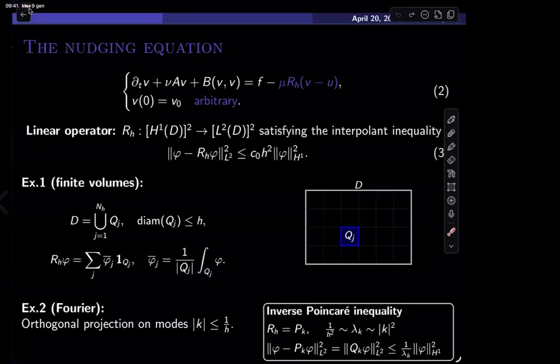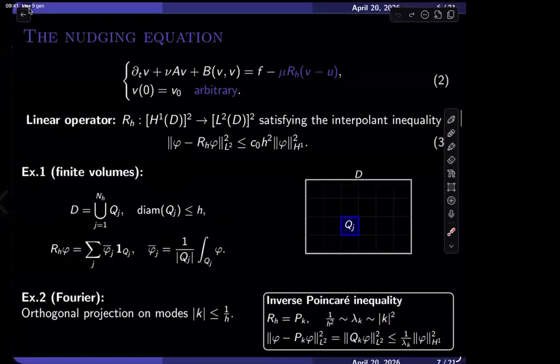So in this case, if you consider phi minus the projection P_k of phi, which is phi minus the projection on the low modes, it's exactly the projection on the high modes. And the interpolation inequality in this case reads in this form here, but it is exactly the inverse Poincare inequality that you have on bounded domains.